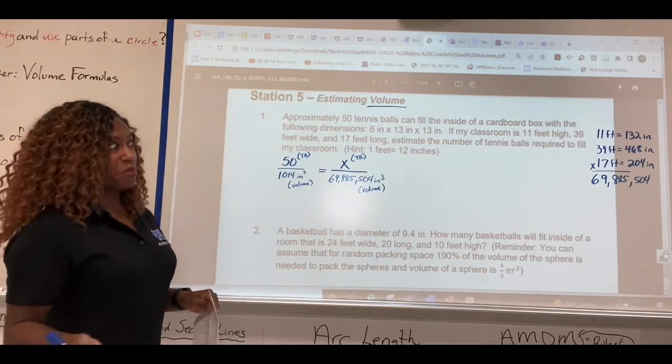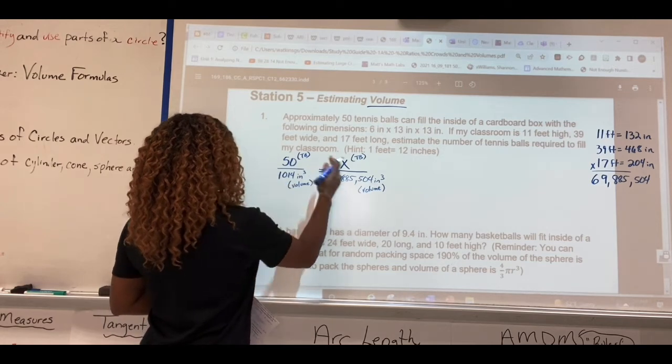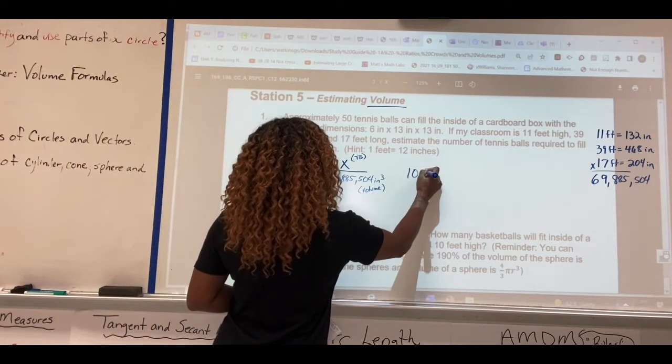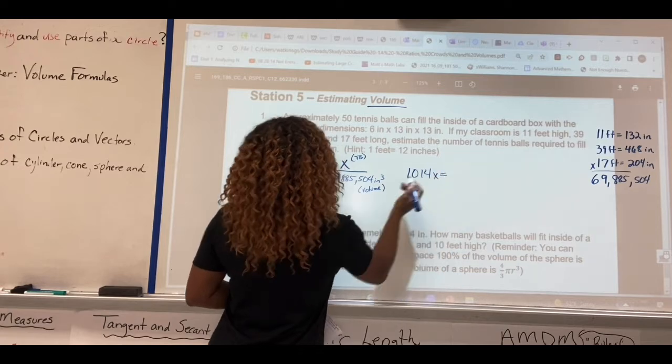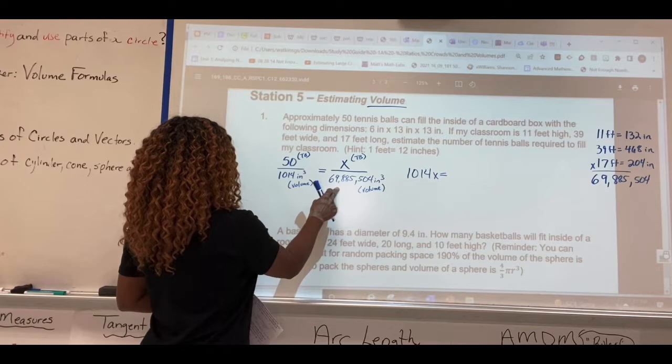And then we still got to cross multiply. So let's do that. So we got 1014 times x, which is 1014x. But this is the biggie right here. So we've got to do 50 times this number.